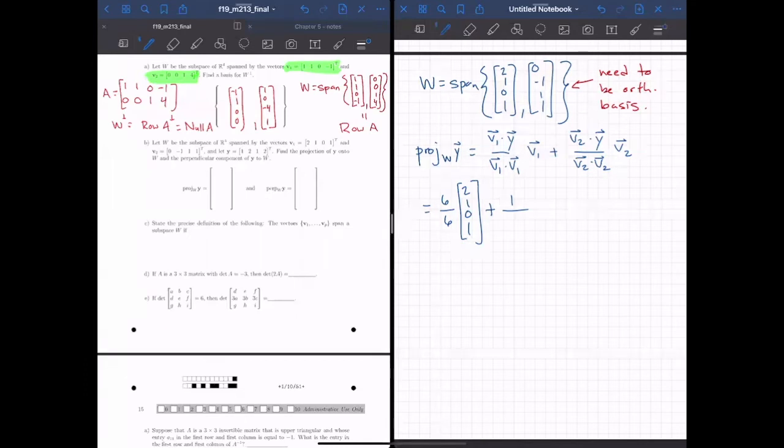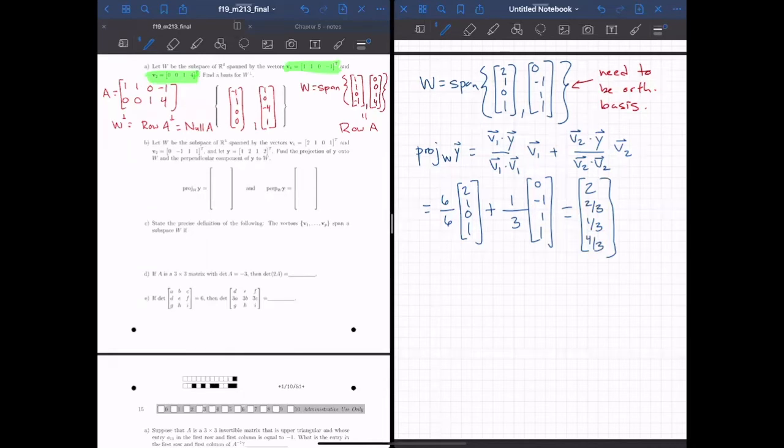Downstairs is v2 dot v2, which is 1 plus 1 plus 1 is 3. And then times v2, 0, negative 1, 1, 1. If we add these up, we get 2, then 1 minus a third is 2/3, 0 plus a third is 1/3, and 1 plus a third is 4/3. I think that's correct. Is everyone okay with that?